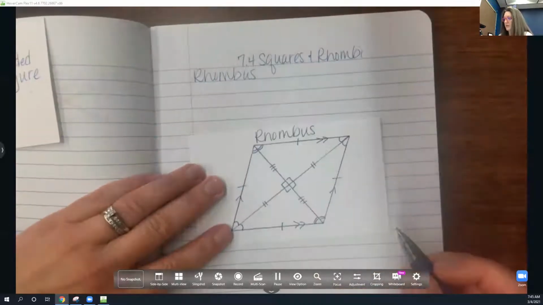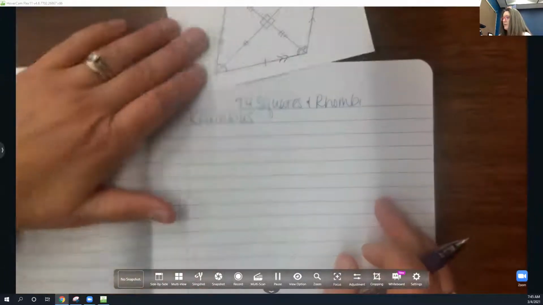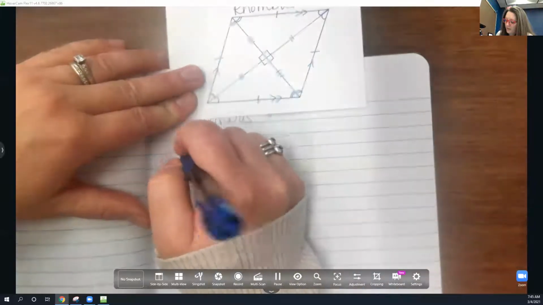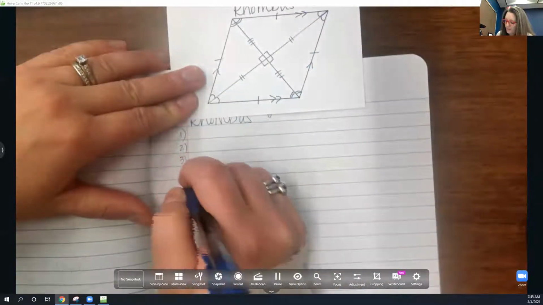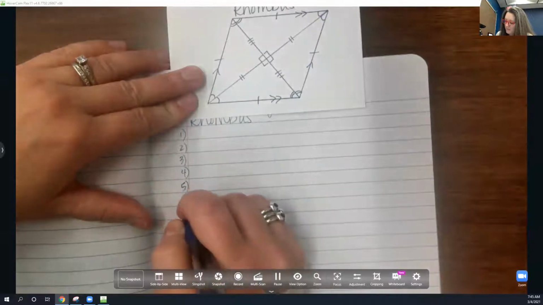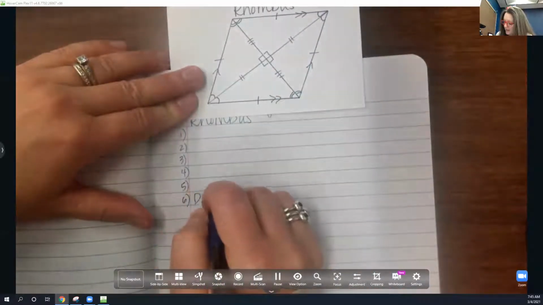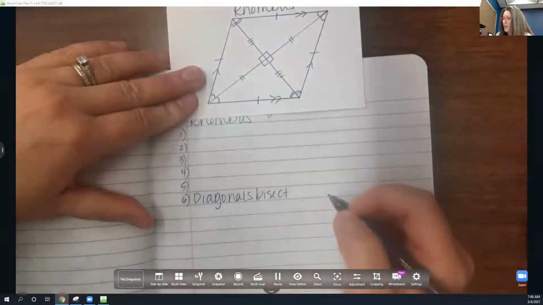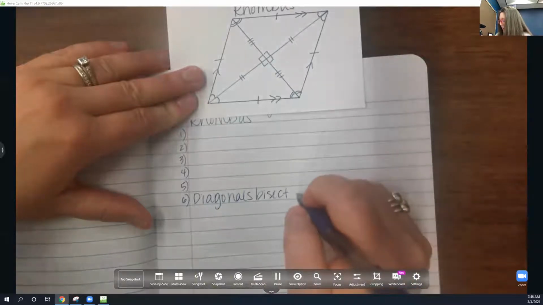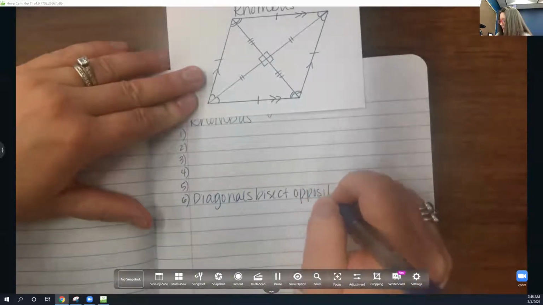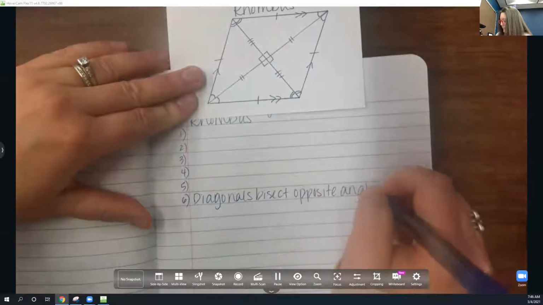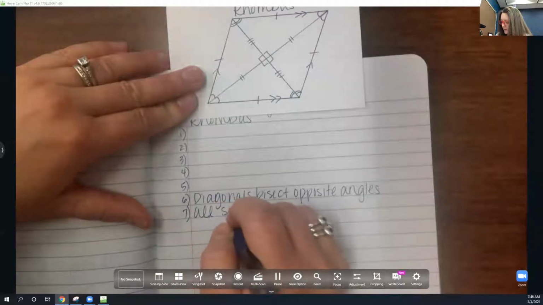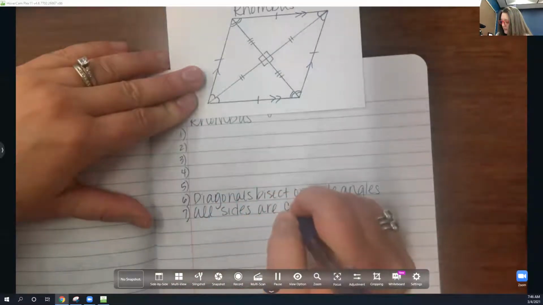So let's write those things down. I'm going to move this down so you can see our picture here. So all of the things of a parallelogram, all five qualities of a parallelogram. And then I'm going to say diagonals bisect, remember, cut in half, two equal parts, bisect opposite angles, all sides are congruent.